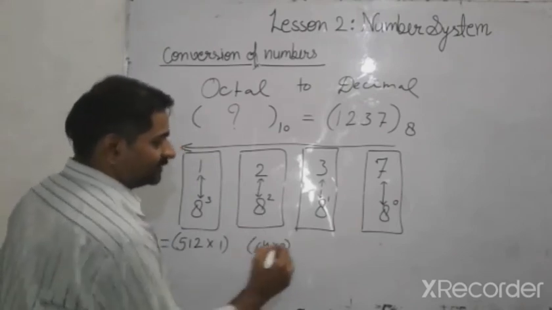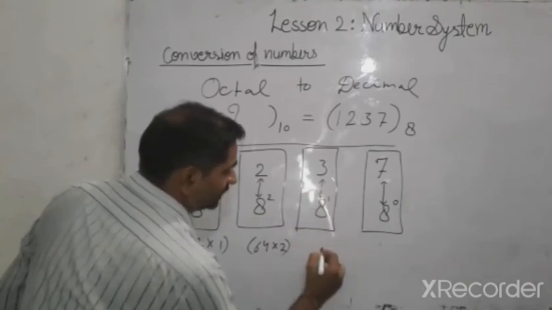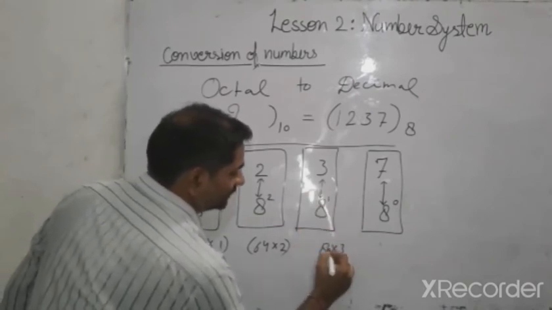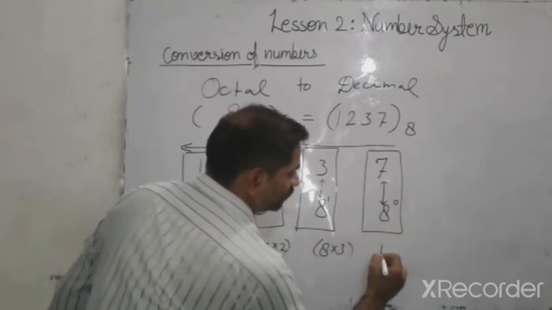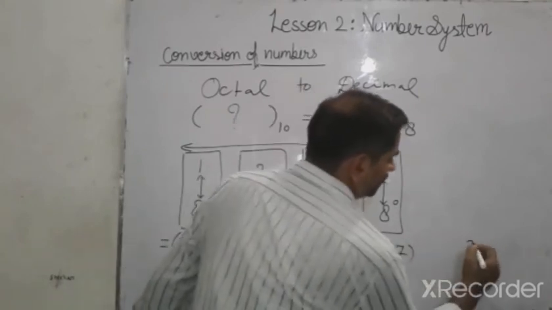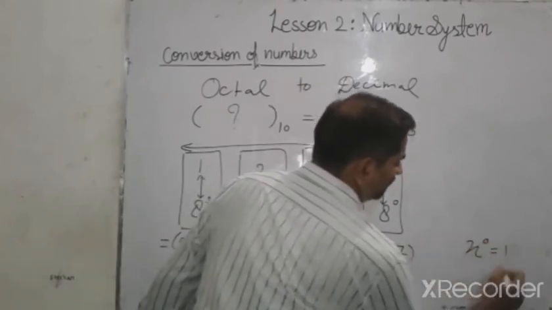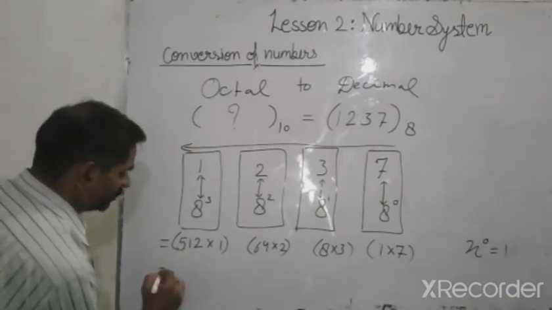This is the second pair. 8 to the power 1, 8, into 3, and here 8 raised to the power 0, 1, into 7. Since you know x to the power 0 is always equal to 1, x can be anything.